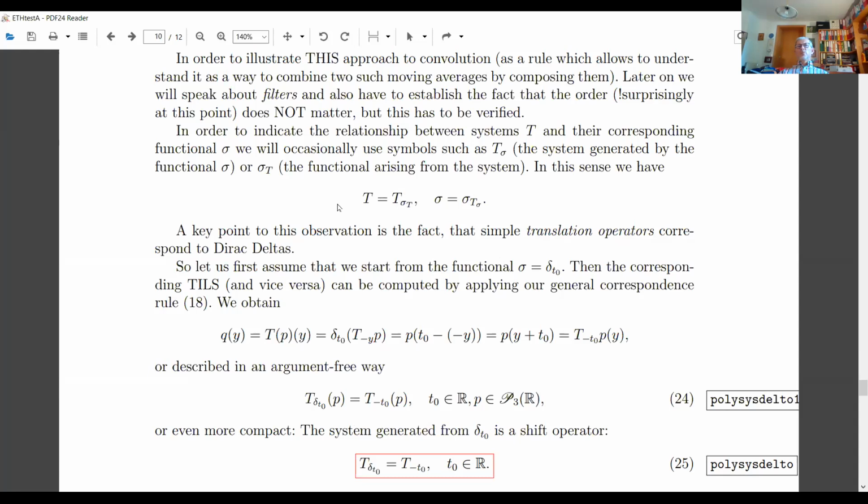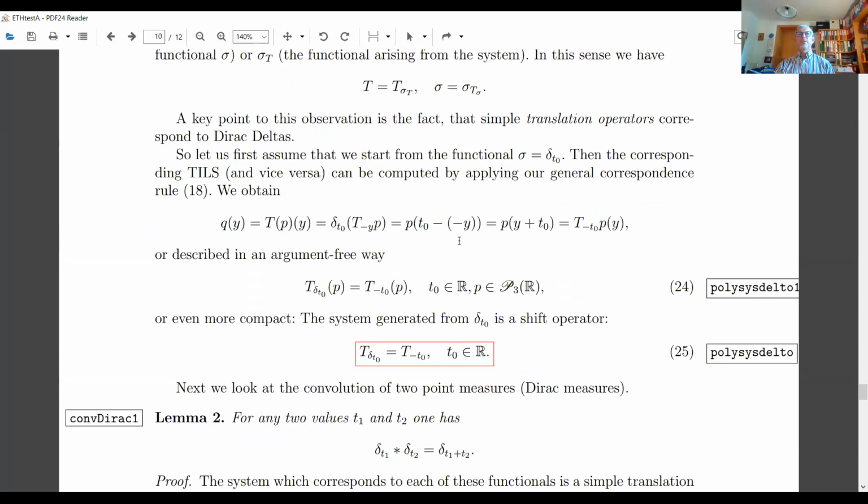The same way, if you give me any functional sigma and you fabricate a convolution operator, a moving average, I would say t is sigma. Then you have a translation-invariant linear system having another linear functional, and you're coming back. So these two relationships simply say that representing a system by a functional and defining a system through a functional are inverse to each other, as we have described it. And the way we did it will be exactly this.